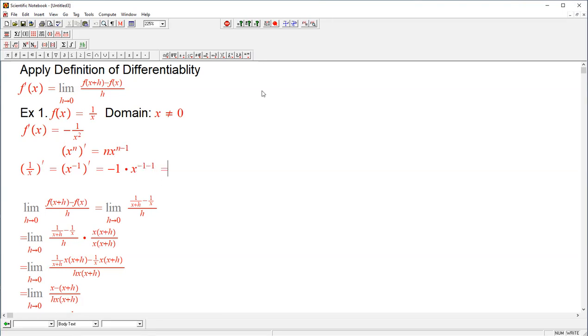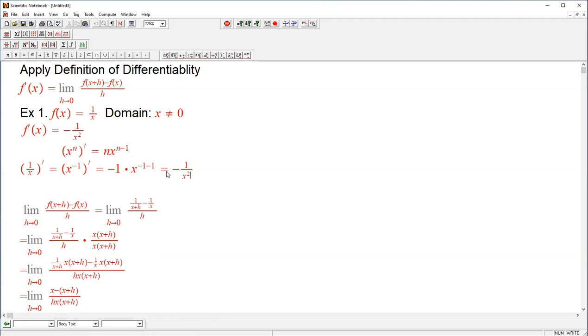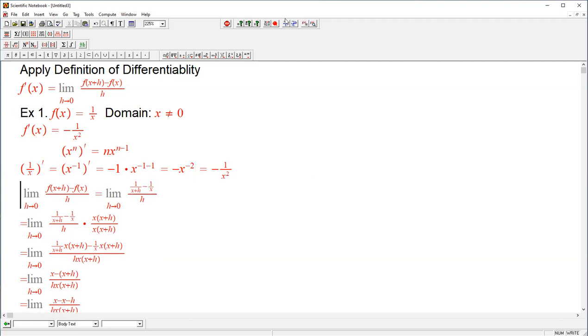So you also get this answer, and this is pretty commonly used. That's -1 over x squared. And of course, you can also use the other form, which is negative x raised to the power of -2. You can use either one. So this is a very commonly used derivative.